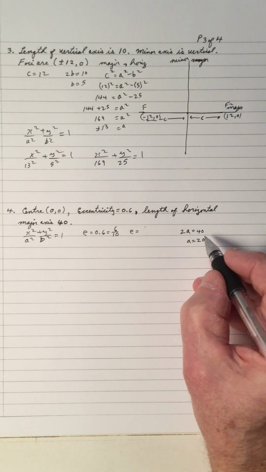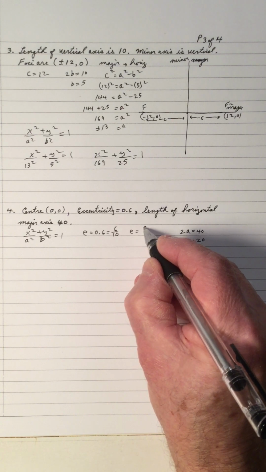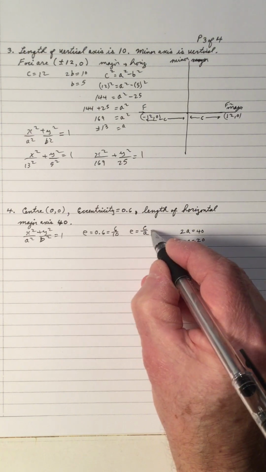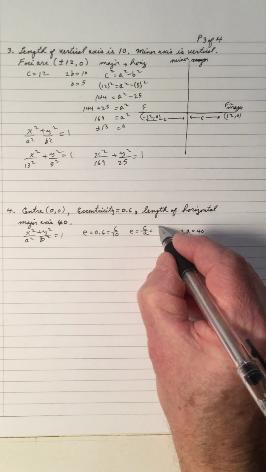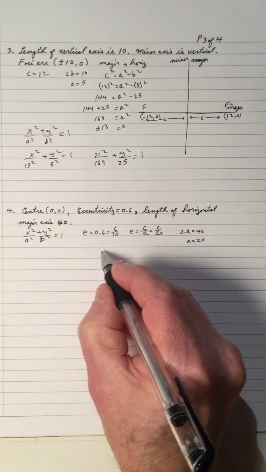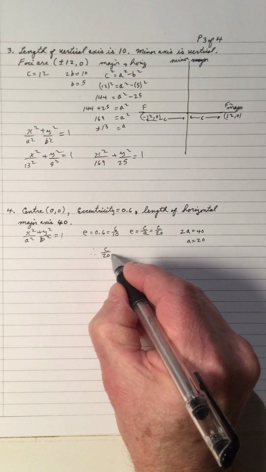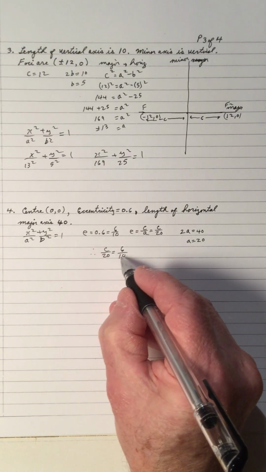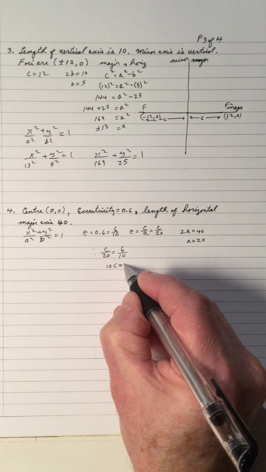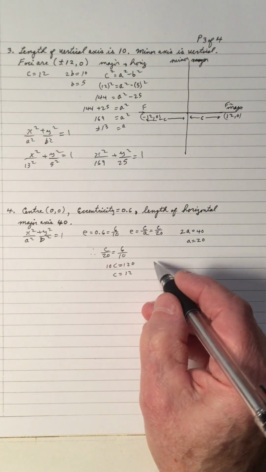So the eccentricity is C over A. A is 20, so we got C over 20. Therefore, C over 20 is equal to 6 over 10. Cross multiply, we get 10C is 120, and divide by 10, C is 12.